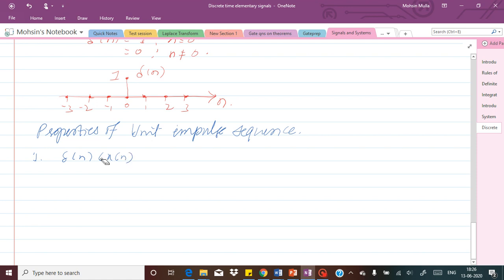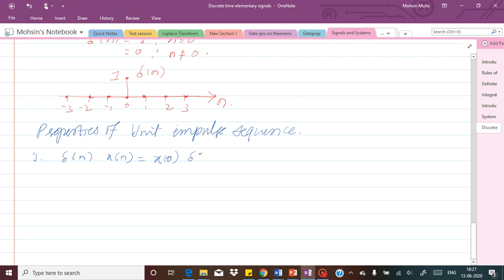When del of n is multiplied with another signal x of n, as the magnitude of del of n is available only at instant 0, only the magnitude of x of n at instant 0 will be multiplied, and the other magnitudes will automatically become 0. So we can write it as x of 0 into del of n.